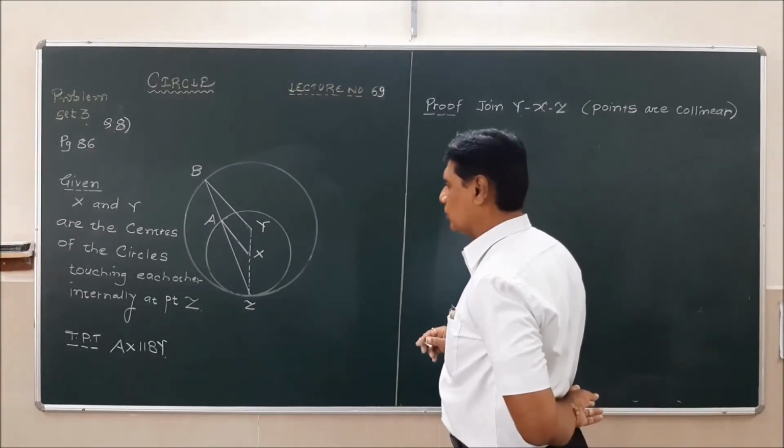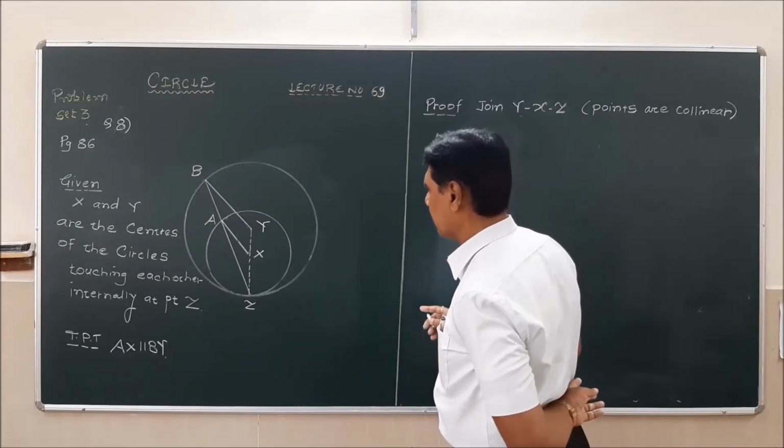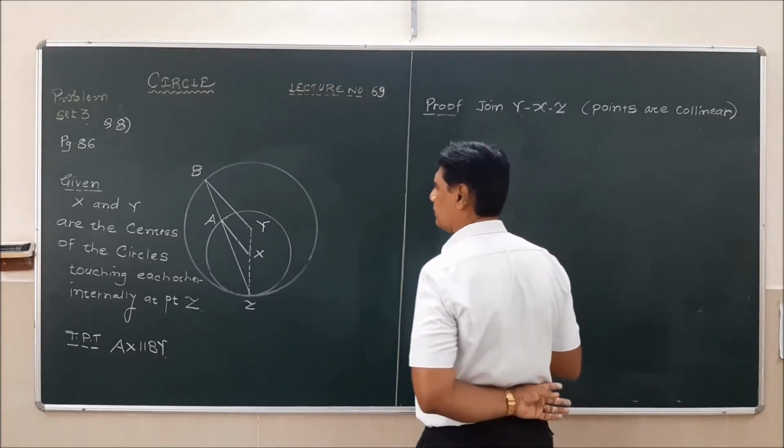Okay. Now to prove that AX is parallel to BY, please try to understand it very carefully.